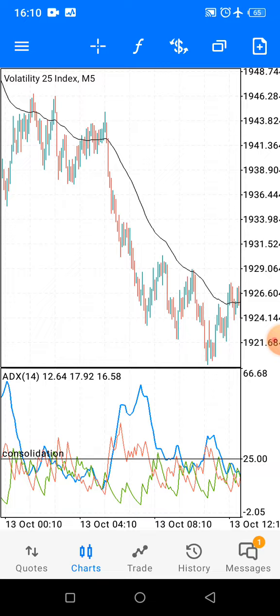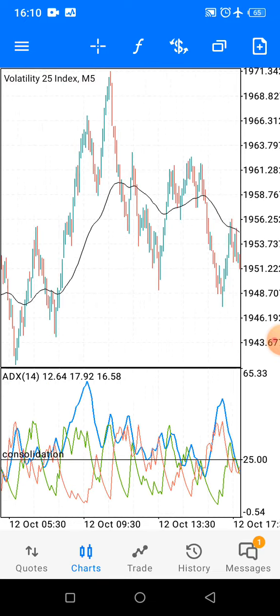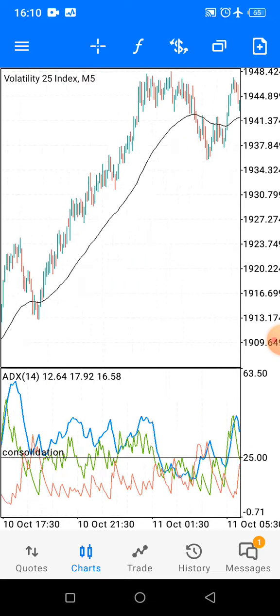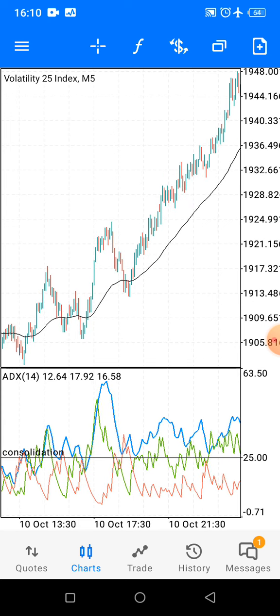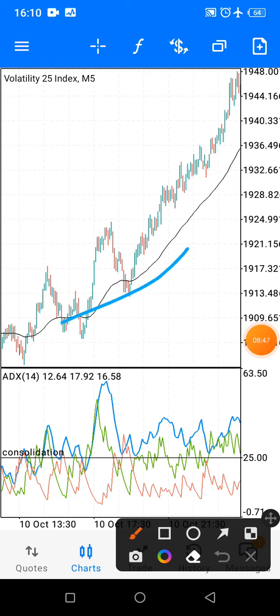So right here, for indices, it's a different story, right? Here, for indices, you can enter either buys or sales, either way, right? So here, the candlesticks are above the 50 moving average, right?